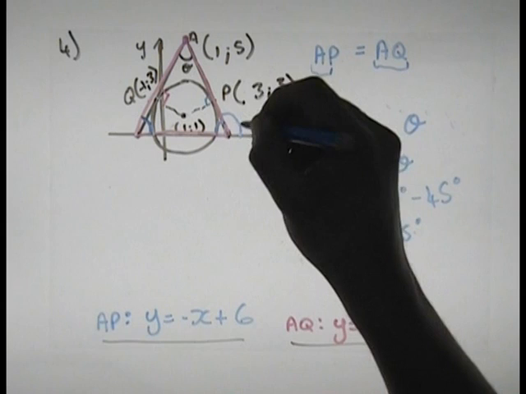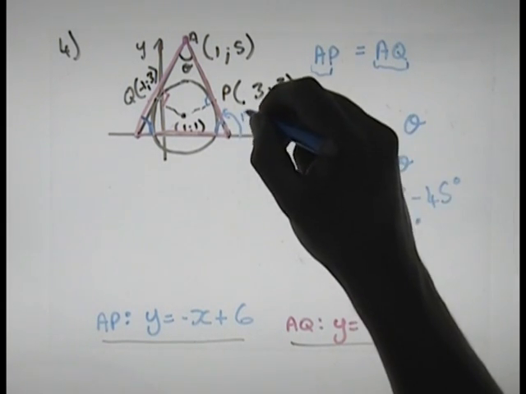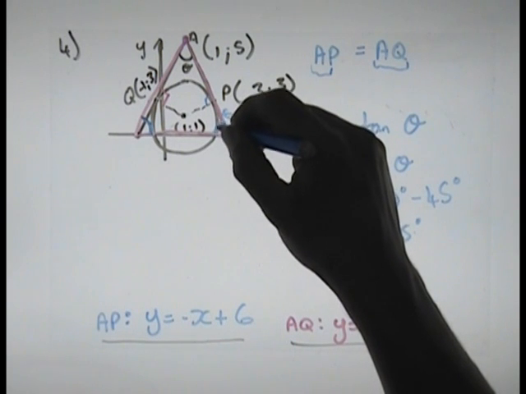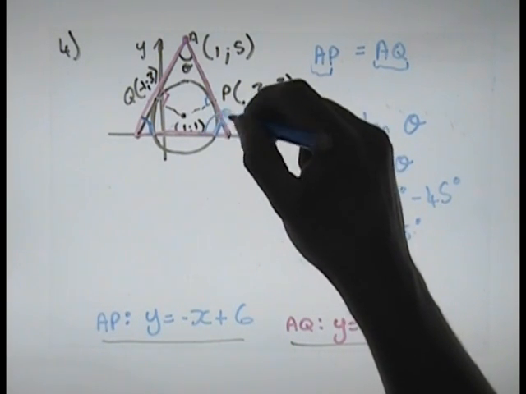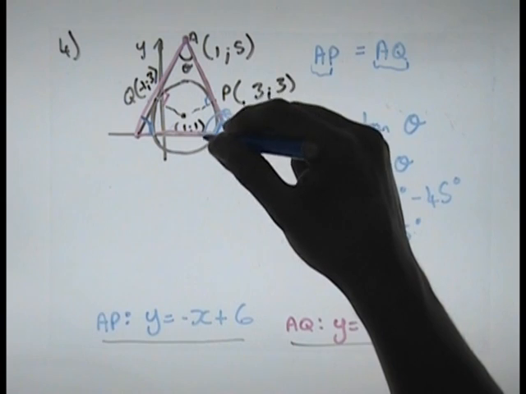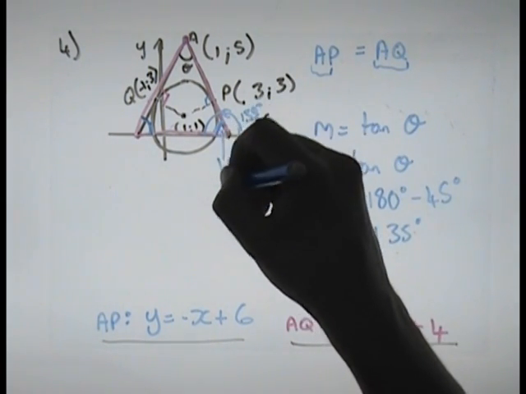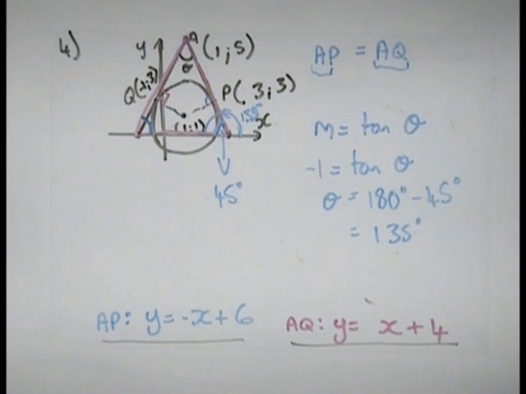That means that that angle is 135 degrees. But we're not looking for that angle, we're looking for that inside angle. Remember, this whole thing is equal to a straight line, which is 180 degrees, which means that that inside angle is 45 degrees.